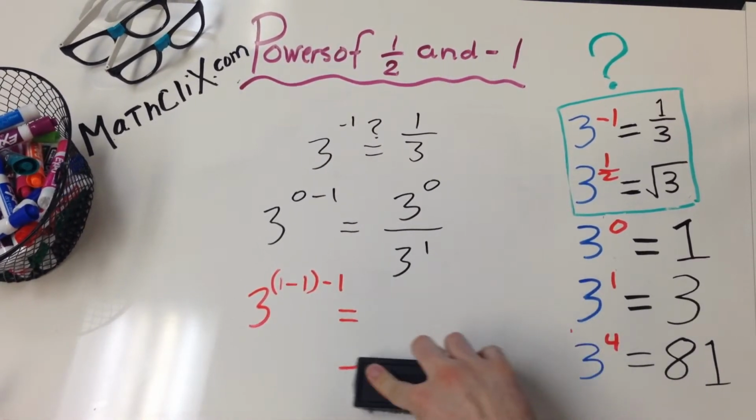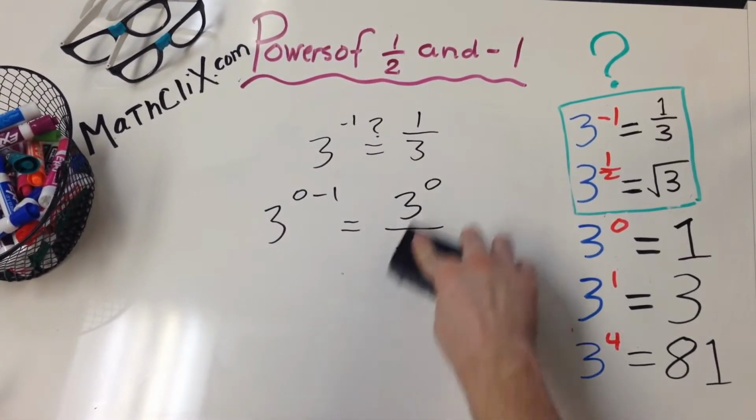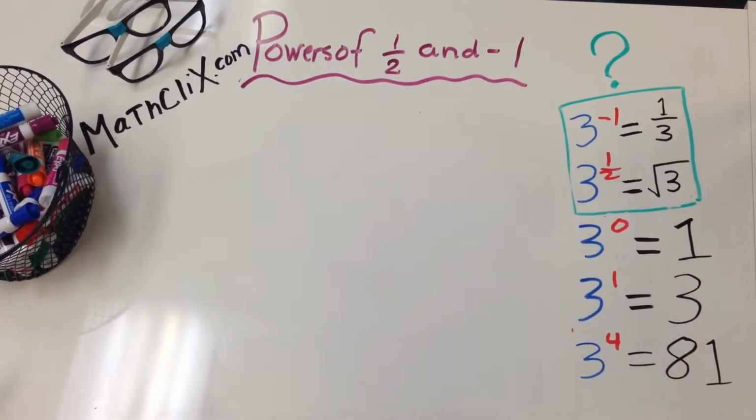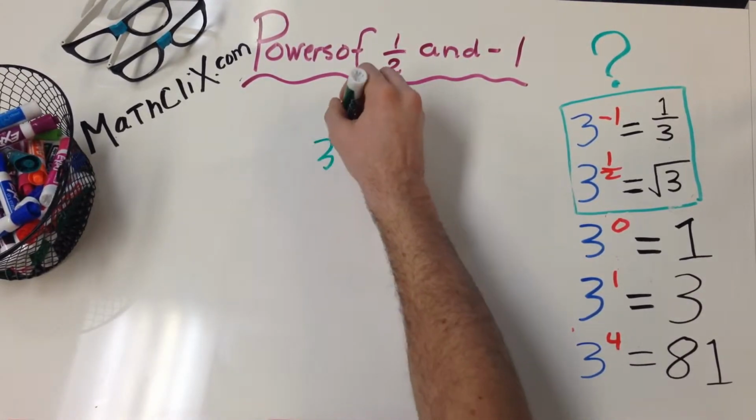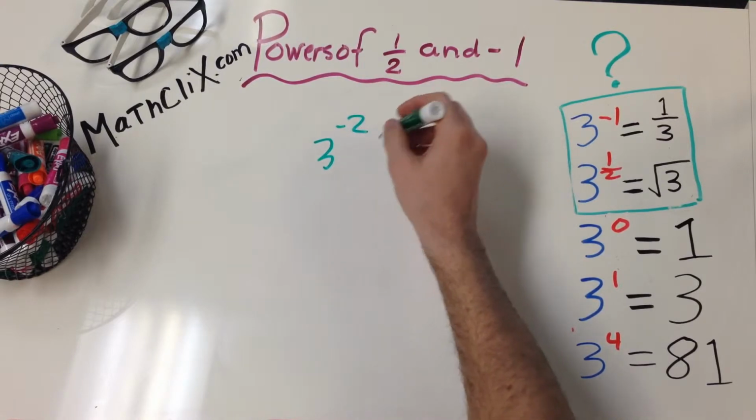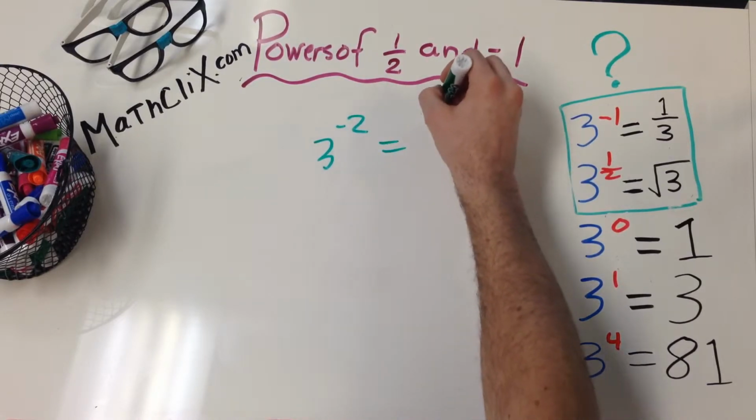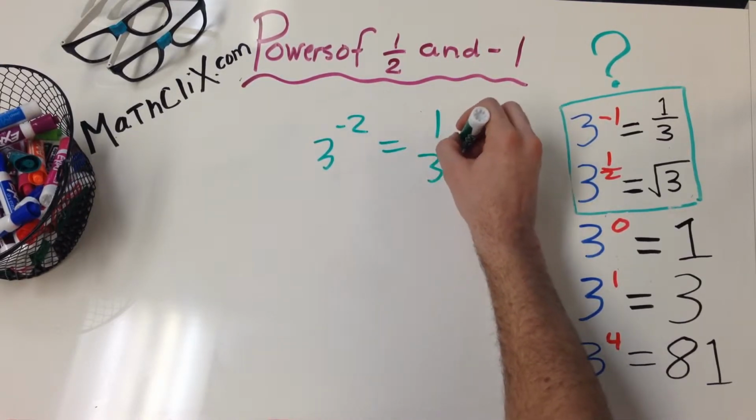Now, it also holds for other negative exponents too, meaning that 3 to the -2 is going to be 1/3 squared.